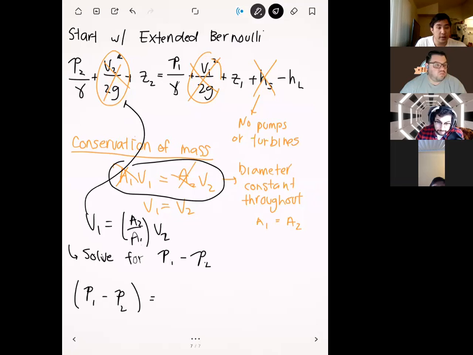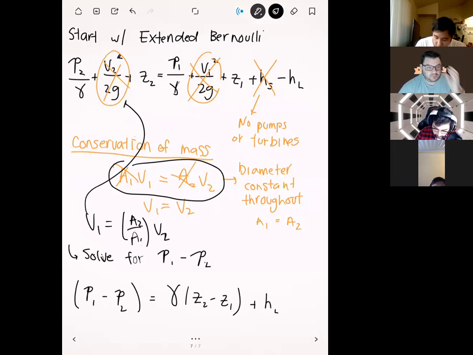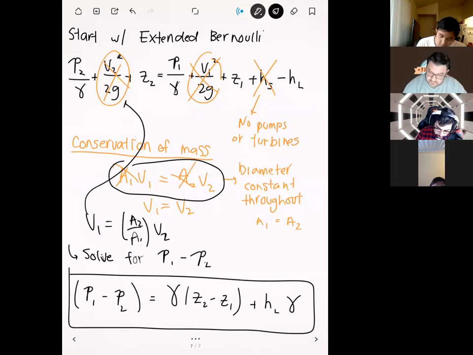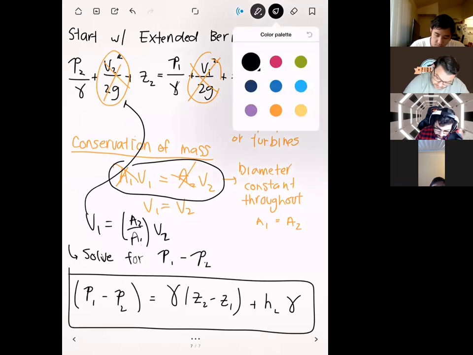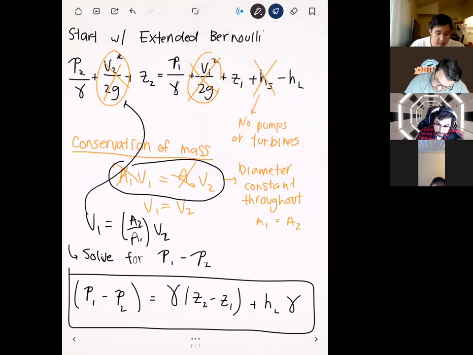We multiply both sides by gamma, and then we get the following: gamma times Z2 minus Z1, which is the difference in height, plus HL times gamma. All I did to get this was take this equation up here and isolate P1 minus P2.